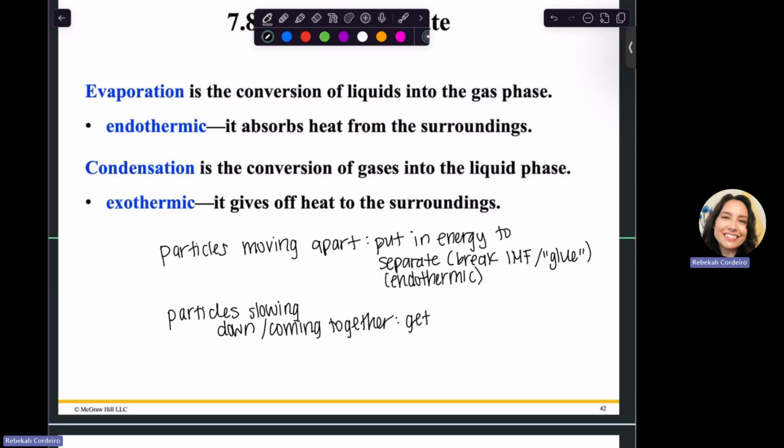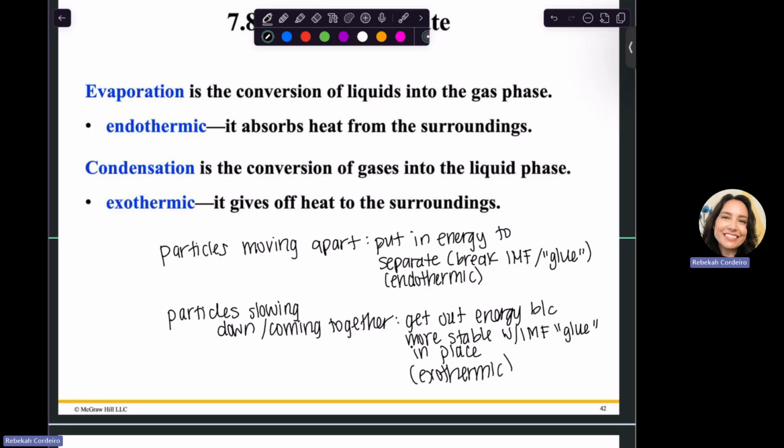We get out energy, because now they're more stable when they're glued together with IMF glue in place. So this is exothermic, kind of like making a bond and breaking a bond, except we're not talking about bonds, we're talking about interactions between molecules, but it's the same kind of idea.